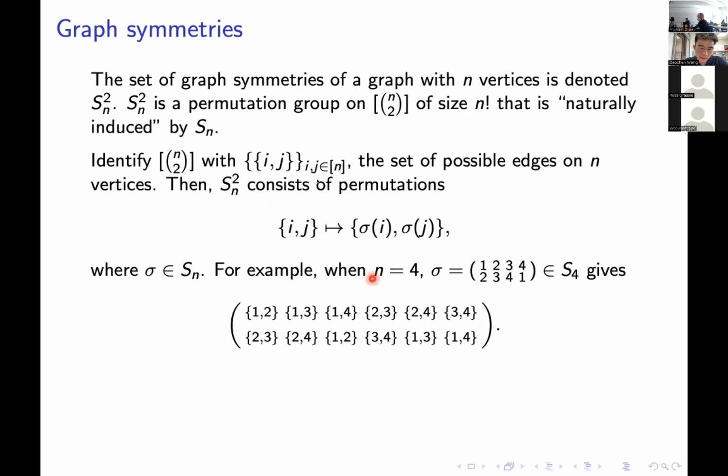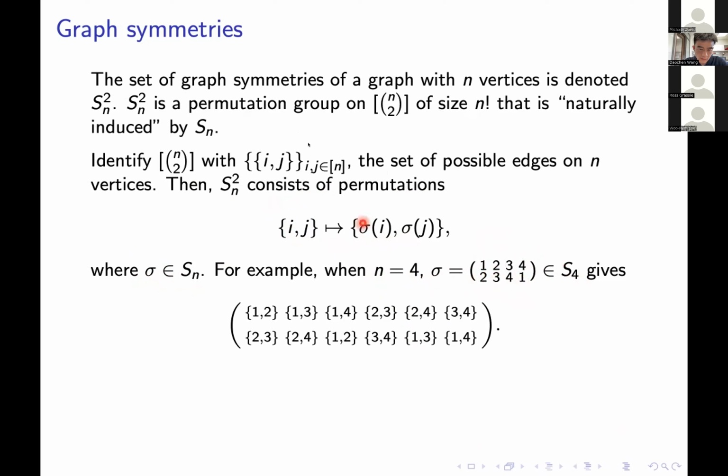So for example, when n is equal to 4 and sigma is this permutation in S_4, let me just pause for a second here to say what this notation means. This is standard group theory notation, but it just means that this sigma maps 1 to 2, 2 to 3, 3 to 4, and 4 to 1.